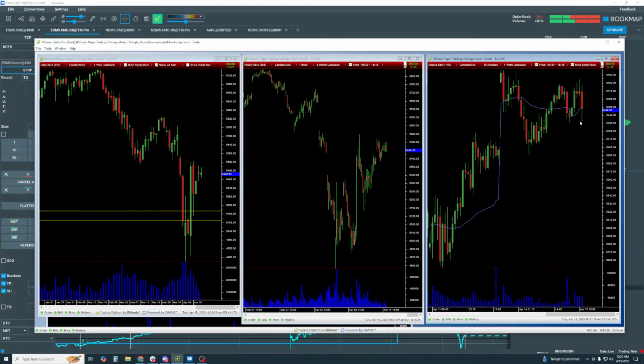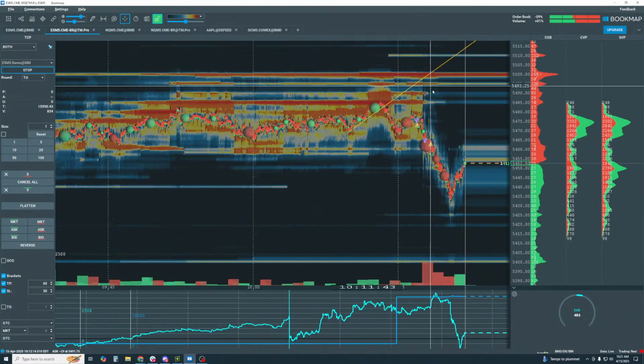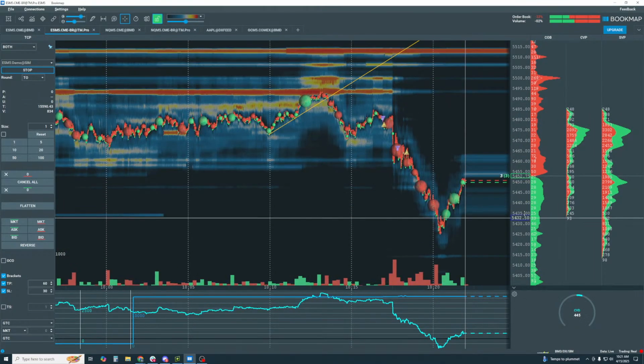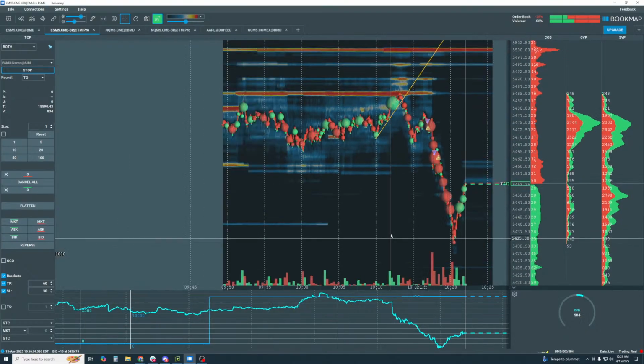And we're starting to see some buyers off of that area. We'll see if the sellers re-engage back here or not. You can see the move up after testing that swing.